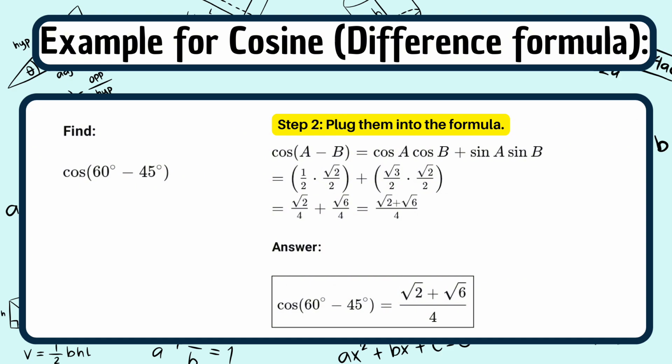Plug them into the formula and calculate. So we have the final answer, which is square root of 2 plus square root of 6 all over 4. Therefore, cosine 60 degrees minus 45 degrees is equal to square root of 2 plus square root of 6 over 4.